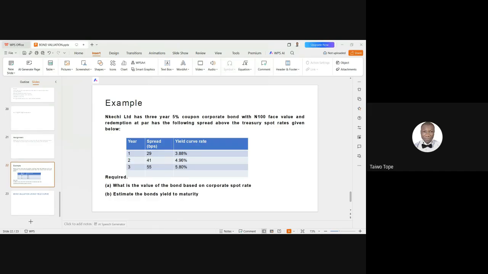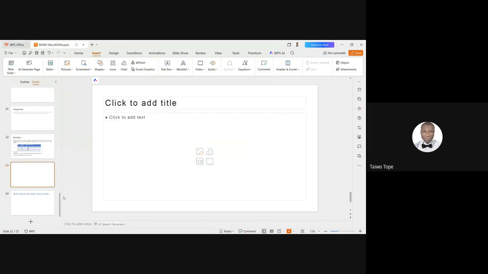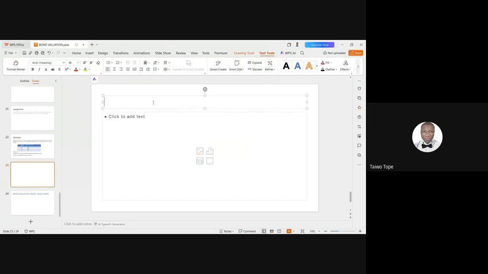Let me just solve it so that we will not get confused, because I want you to solve it and forward it to the group so that we can move on to other things. Though I know some people already know what to do, in order to carry others along, let's show it.